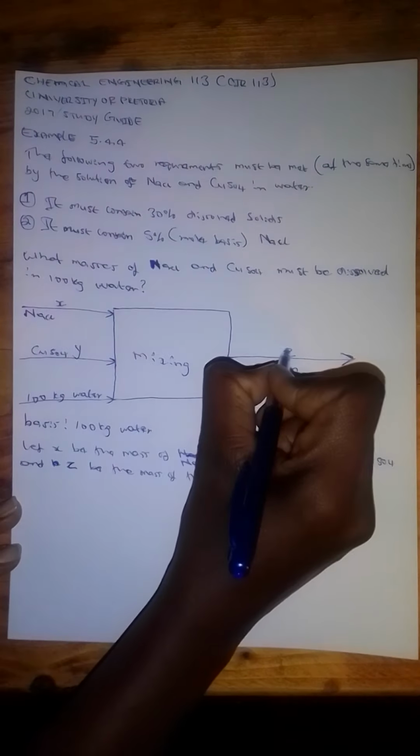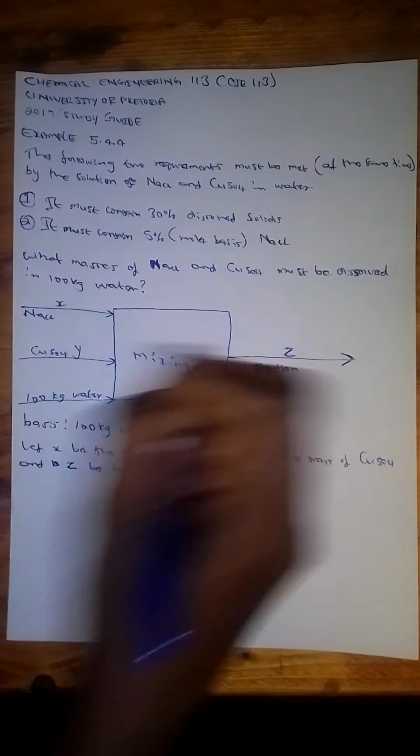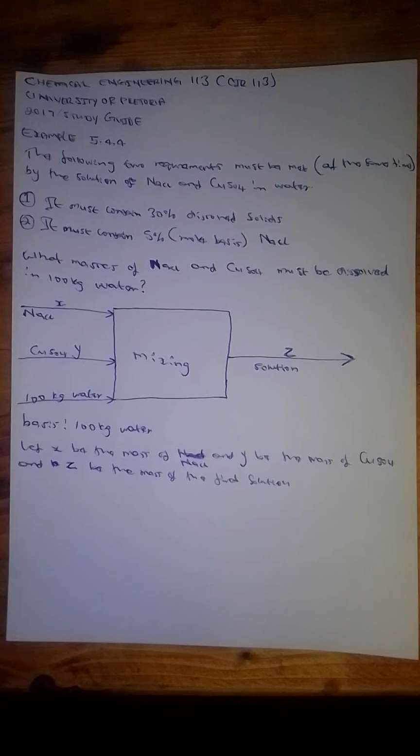So let that be Z, for calculation purposes. So now with that said, having a basis and also having this defined, we're going to use the requirements we have to establish equations and solve those equations for X and Y, because the question said what masses of NaCl and CuSO4 must be dissolved in 100 kilograms of water for us to be able to meet these two requirements at the same time.